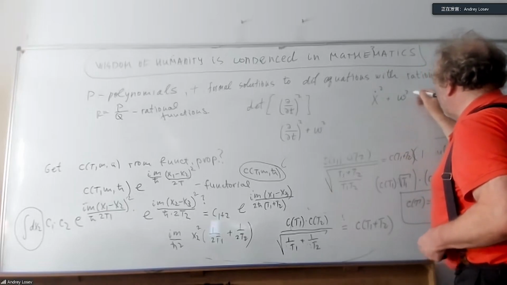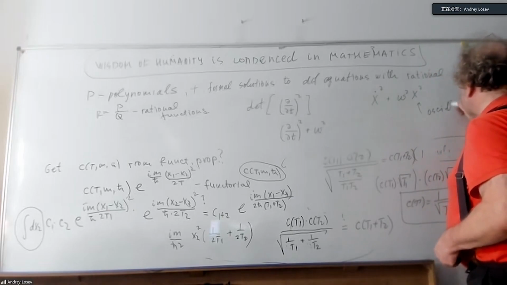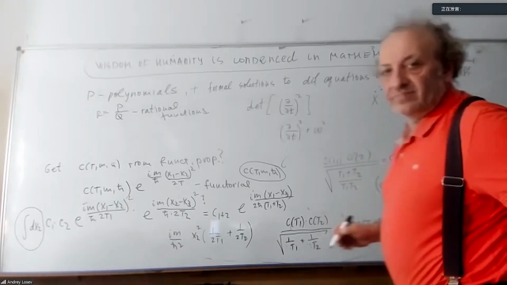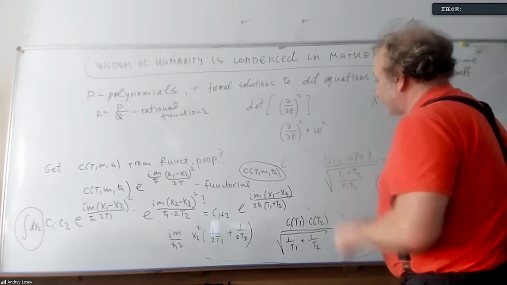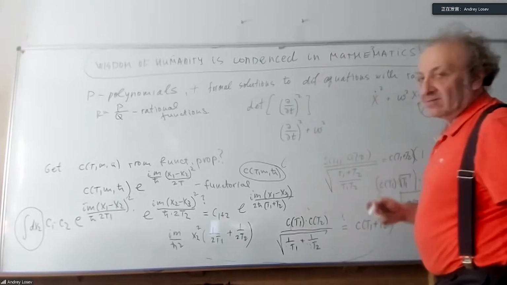But if I put here omega squared times x squared, it's an oscillator. And I want to generalize my problem to the oscillator.